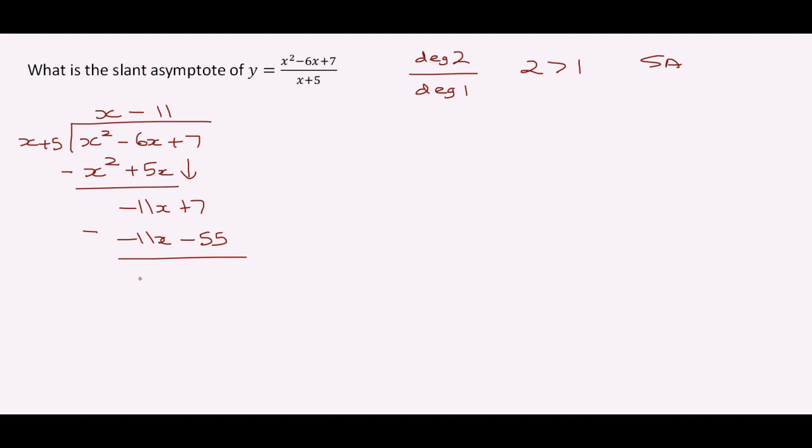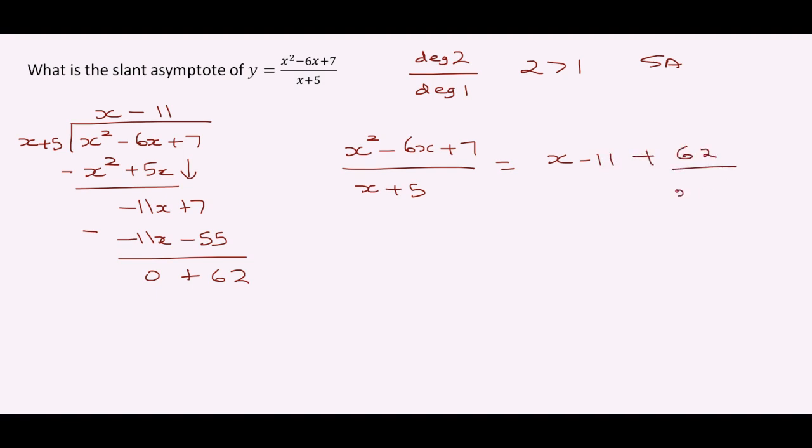So we subtract this. This is going to cross out. You get a 0 here. This is 7 minus minus 55, 7 plus 55. You have 62. So x squared minus 6x plus 7 over x plus 5 equal to x minus 11 plus 62 over x plus 5.